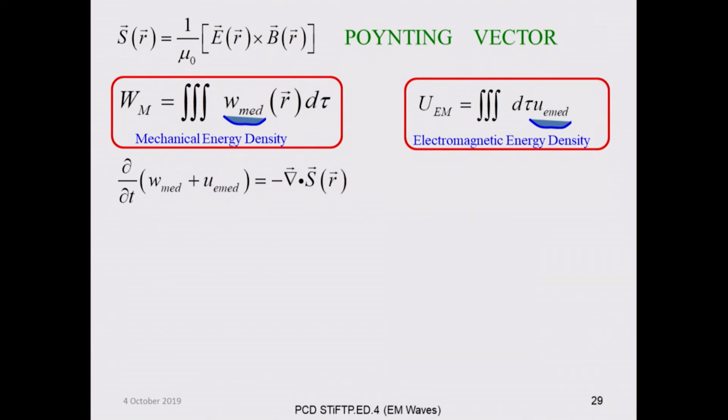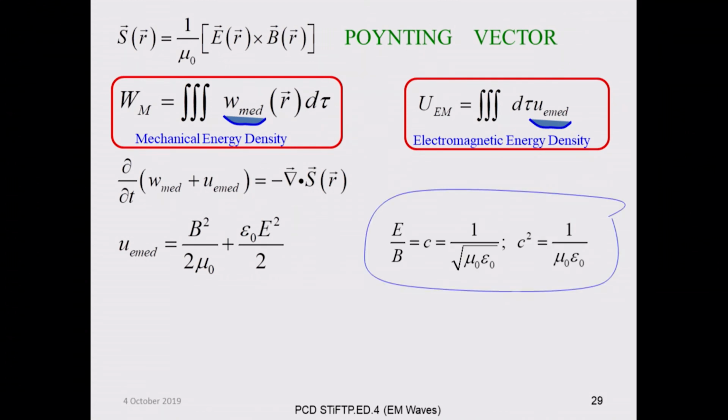So this is the Poynting vector. The electromagnetic energy density is the sum of the electric part and the magnetic part.